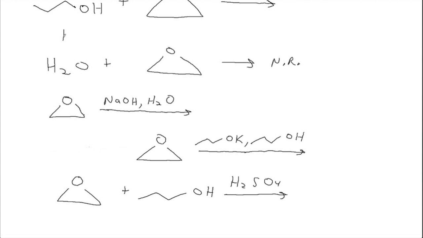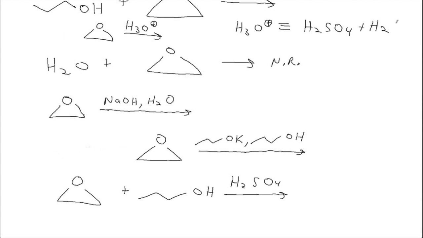Now, do you remember up here, we said we could get this reaction to work with H3O+? But do you remember, we've seen in the past that H3O+ is basically identical to H2SO4 plus water. So we've kind of been using H2SO4 even in the water case.